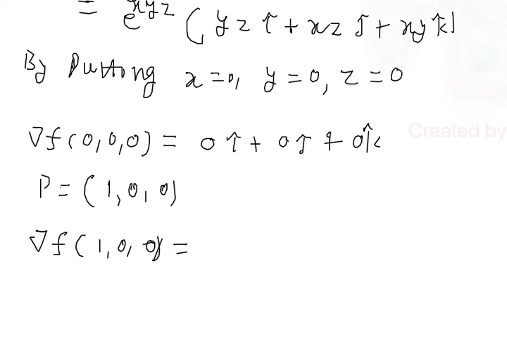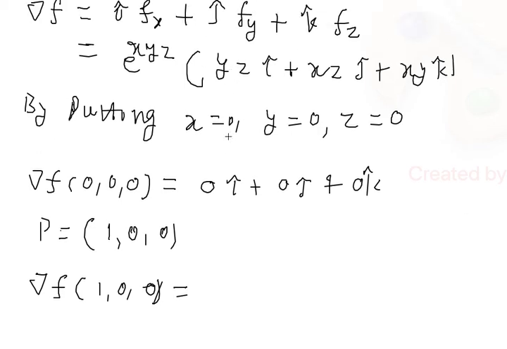You can see in the vector function that y and z are 0, so again all things will be 0 because only one position is non-zero. So this is also 0 i plus 0 j plus 0 k.